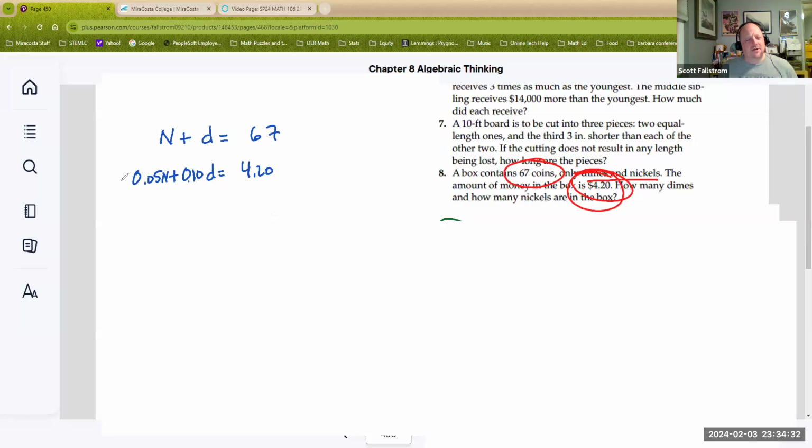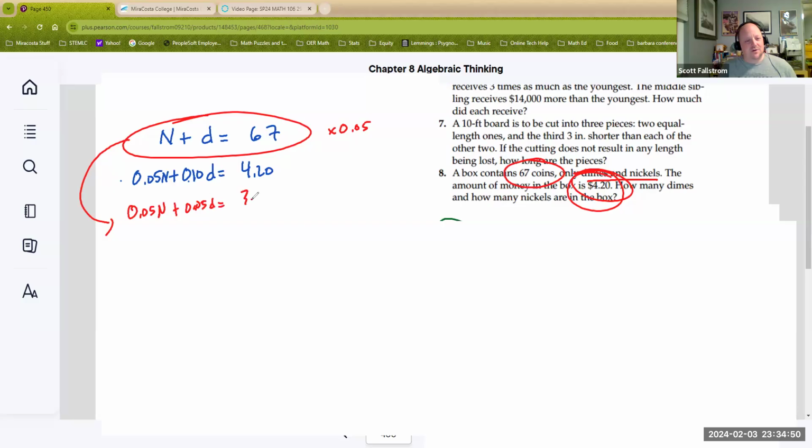And then maybe I'd come down here and say, oh, shoot, that's really close. If only I could eliminate one of the variables. So I'd take this entire thing and multiply it by 5 cents. And what I'd have is 0.05n plus 0.05d is equal to $3.35.